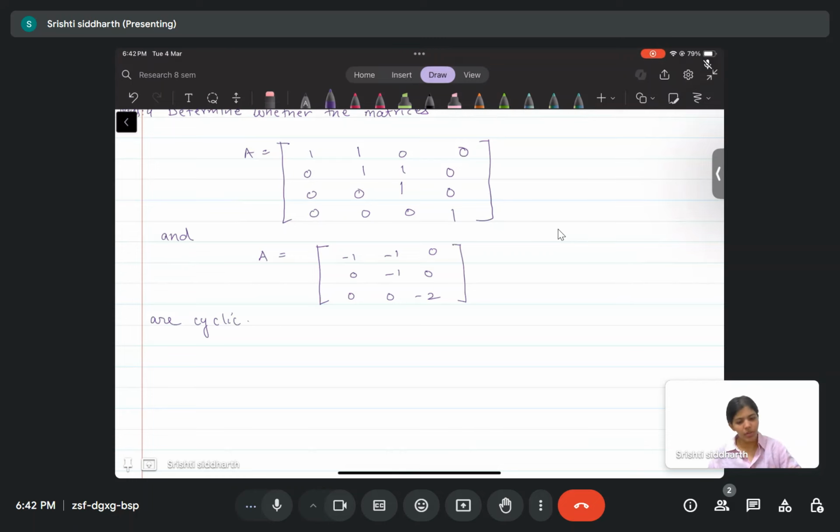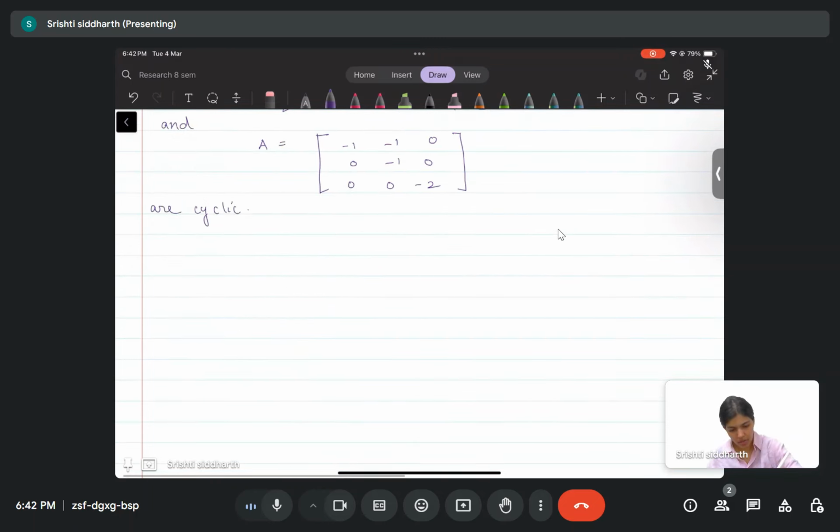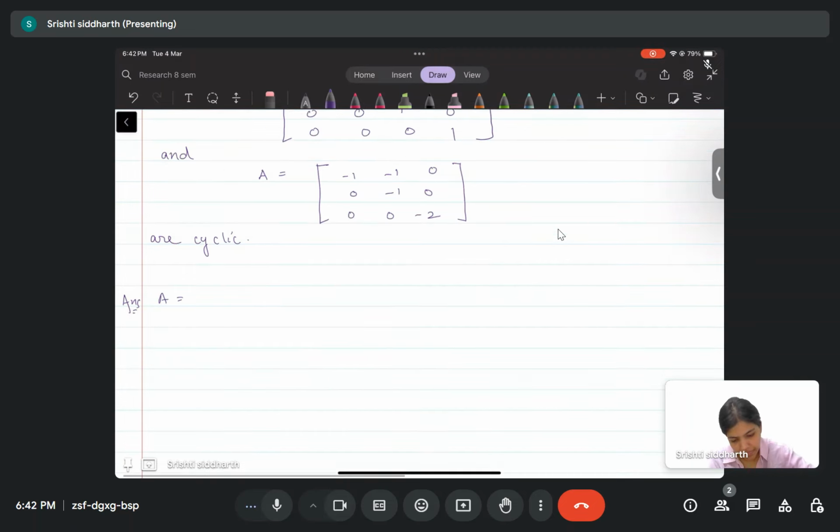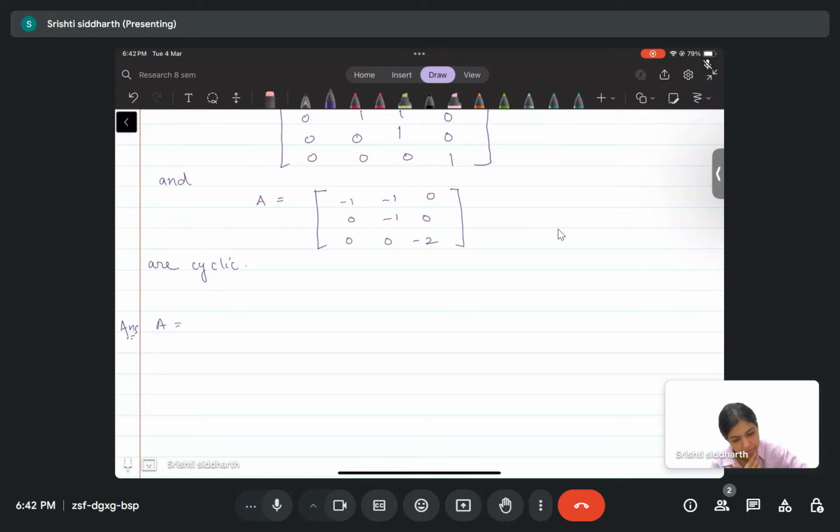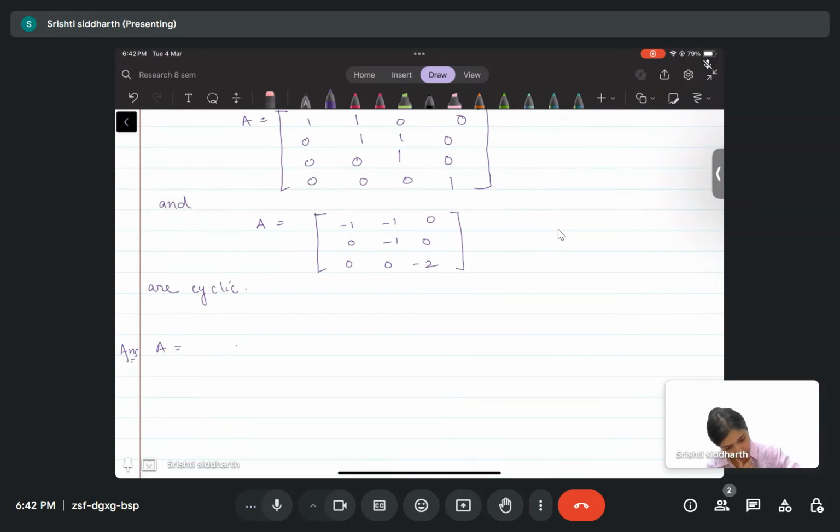Okay, so let's first find out for the first matrix. So A is 1 1 0 0, 0 1 1 0, 0 0 1 0, 0 0 0 1.